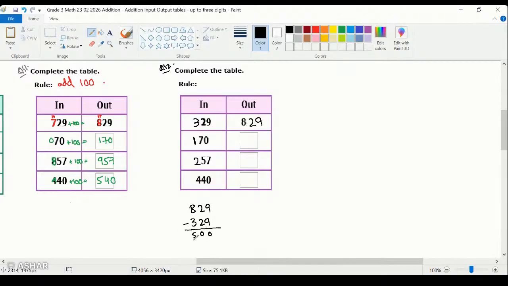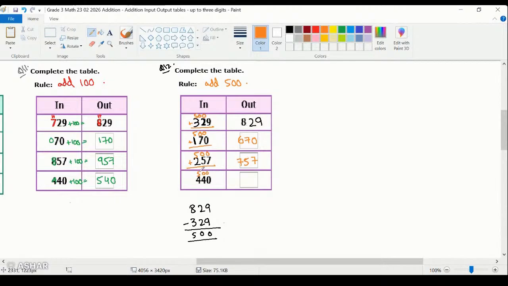So let's say the rule was add 500. Do you agree on this? I made it easier. Plus 500, plus 500. I changed the number to 500 because having two changes was complicating. 0 plus 7 is 7, 0 plus 5 is 5, and 5 plus 2 is 7.